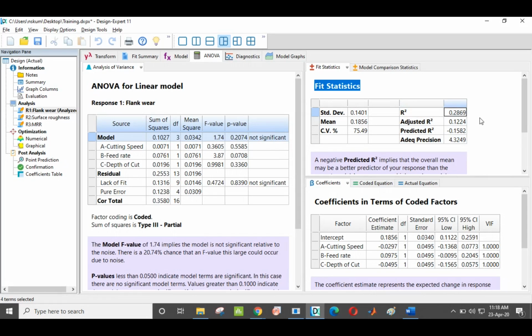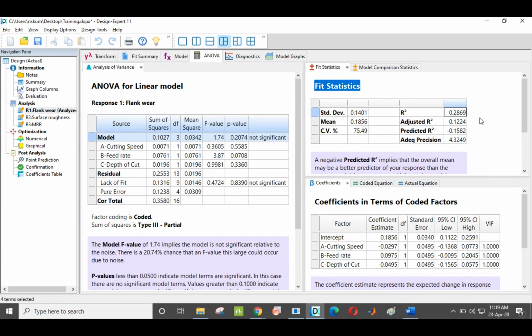We are going to do all the statistical analysis considering a 95% confidence interval. An R square value nearer to 1 is perfect, but in this case it is only 28% out of 100%. So this is not acceptable.